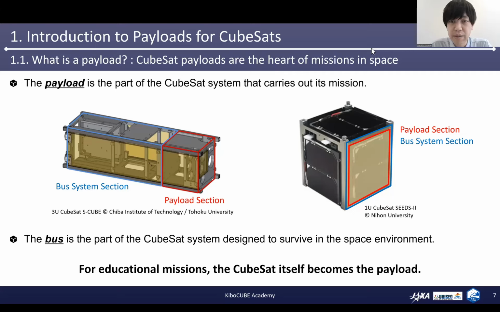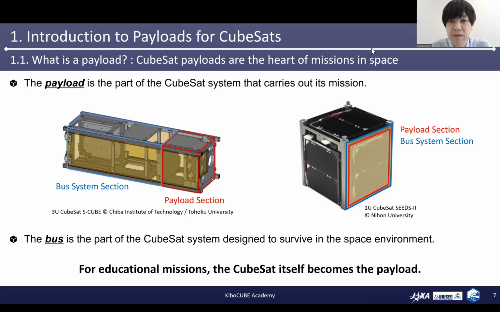On the previous slide, I talked about the characteristics of space utilization and CubeSat mission capabilities. The payload is a part of the CubeSat system that carries out its mission. The bus is a part of the CubeSat system designed to survive in the space environment. In this slide, you can see the example of 3U CubeSat SQ and 1U CubeSat SEED2.